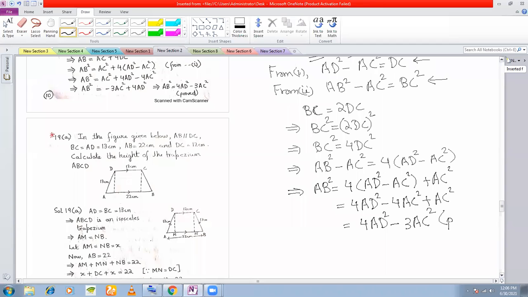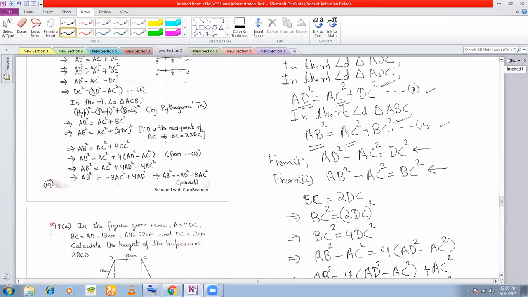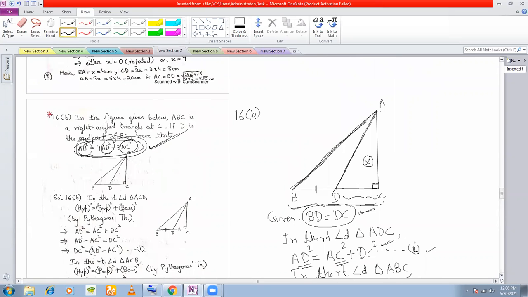And that is what you needed to prove, right? AB square is equal to 4 times AD square minus 3 times AC square. So we have proved this.